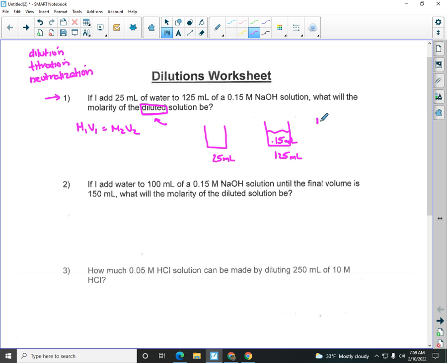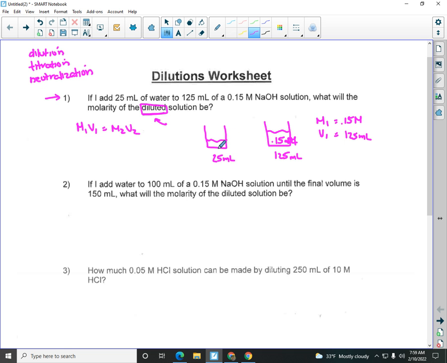So my initial molarity and my initial volume, M1 and V1: initial molarity is 0.15 molar, and the initial volume was 125 milliliters.